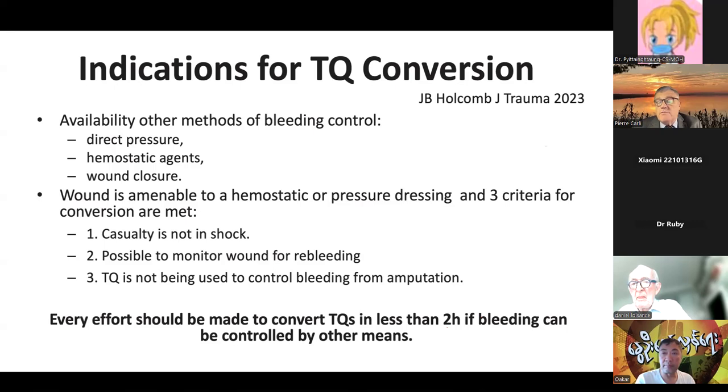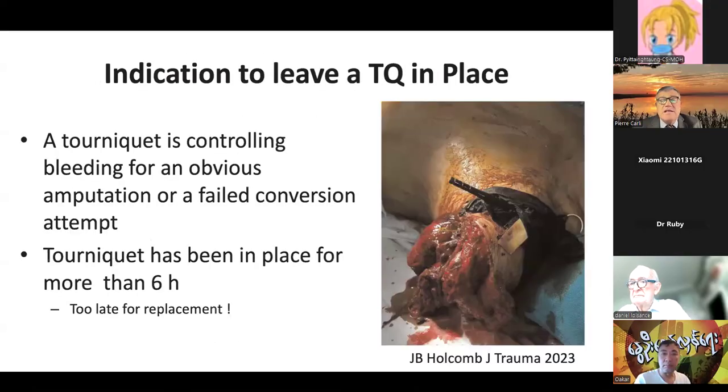Every effort must be made so that a tourniquet is reassessed in 2 hours and can be controlled by other means. We leave the tourniquet to control bleeding of this amputated patient. You cannot move it. The tourniquet will stay in place up to the operating room and no need to convert it. And if this tourniquet is in place for many hours, no problem.